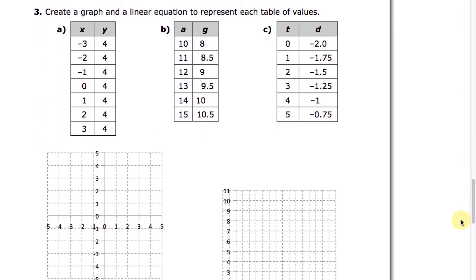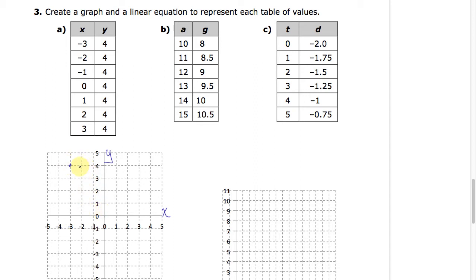So now let's take a look at what we have next. It says for number 3 that we want to create a graph and a linear equation to represent each table of values. The first one is pretty easy to figure out. We have y and x here, and you can see that no matter what the x value is, we always have y equals 4. So with x equals -3, we have 4.